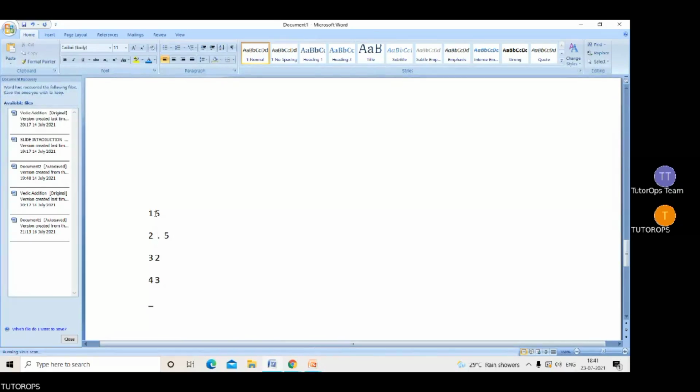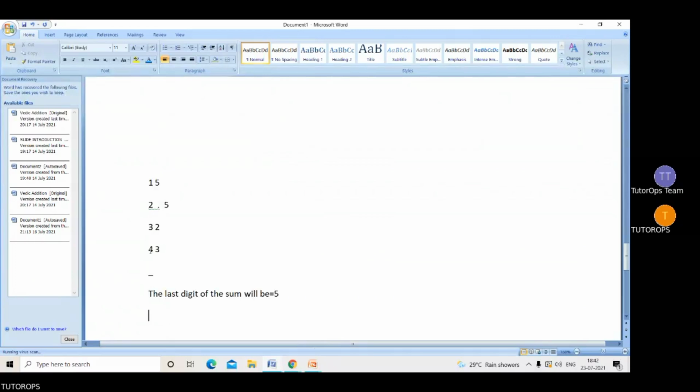So 0 plus 5 is 5. The last digit of the sum will be 5. And how many dots will be carried forward? Just one dot. So one dot will be added to the next column.